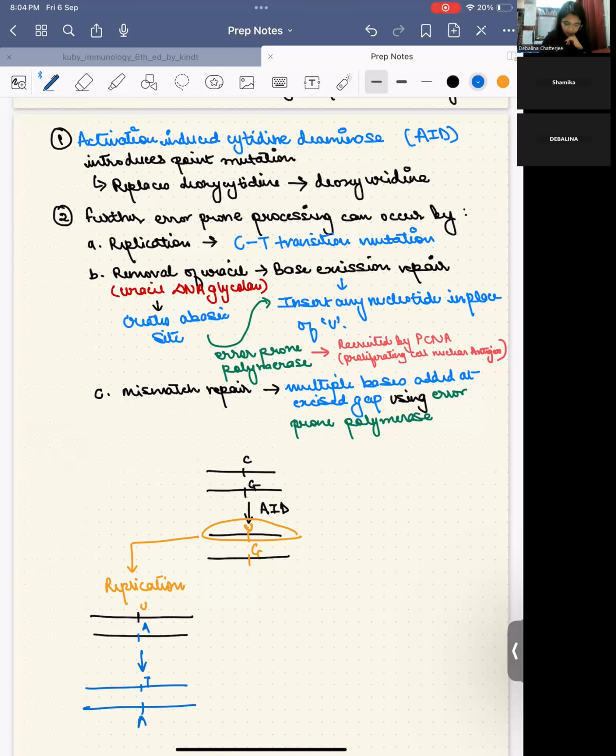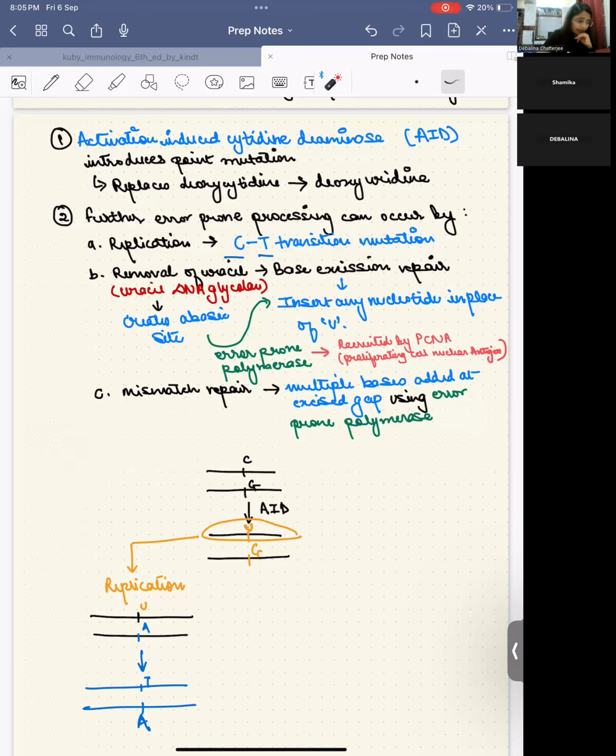So such a mutation, that changes your purines to pyrimidines, if I'm not wrong, you can check that thing. This sort of mutation, a CT mutation, is called a transition mutation. So replication will change this into a CT transition mutation.